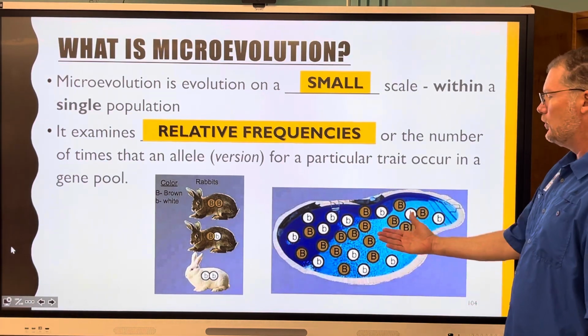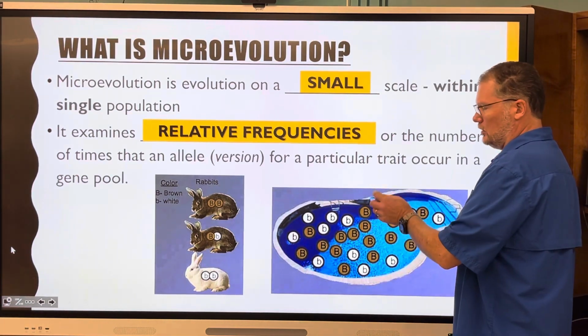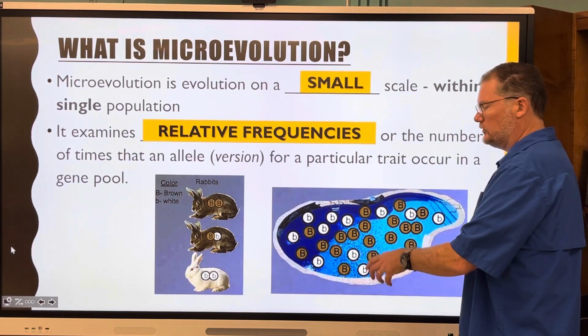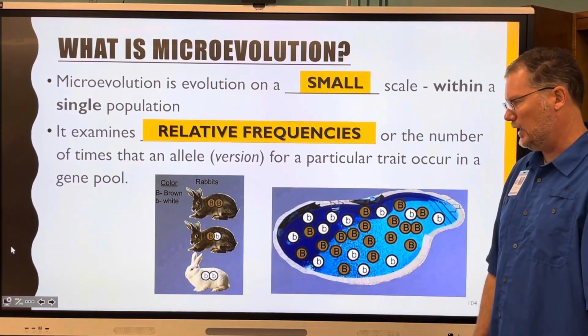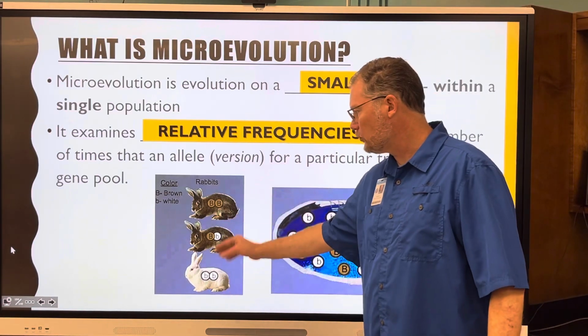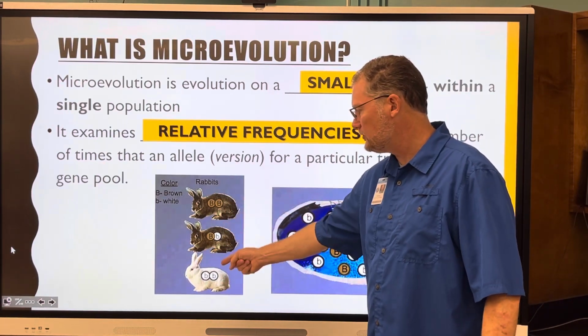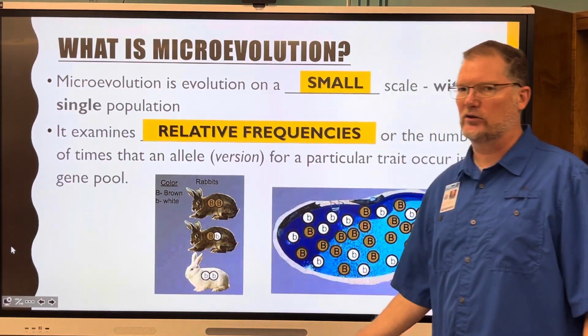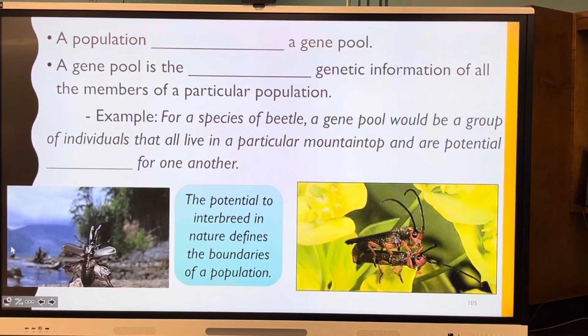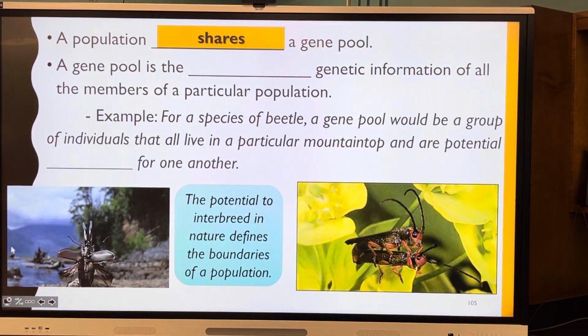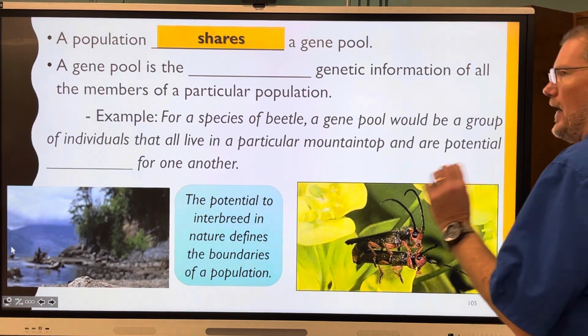If this was moths, it could be the black or the white ones, and this is our classroom or something like that. Then the different rabbits with the different genotypes and their phenotypes. Brown is dominant over white in fur color, and a population shares that gene pool.